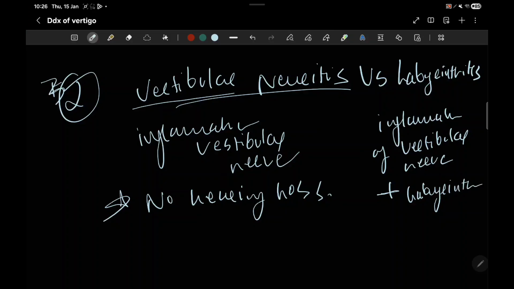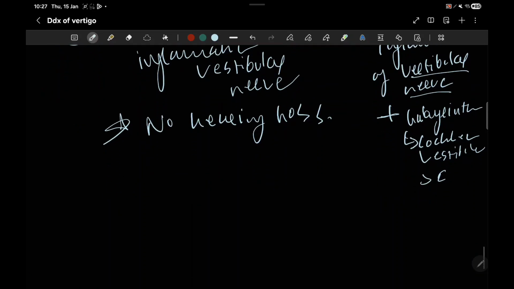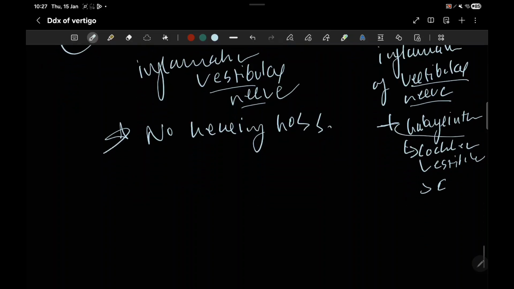So the vestibular nerve is involved, and the labyrinth is also involved. The labyrinth, like I said, is all the inner ear structures like the cochlea, vestibule, and semicircular canals; both bony labyrinth and membranous labyrinth. You can brush up your anatomy later. Now let's continue. Vestibular neuritis is inflammation of the vestibular nerve, and in labyrinthitis the labyrinth is also involved. So what is the difference then?